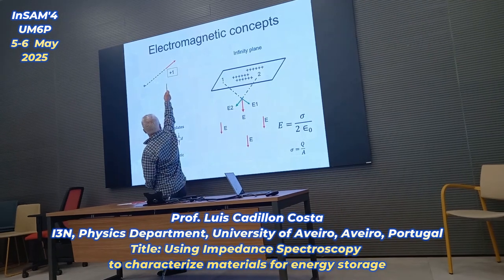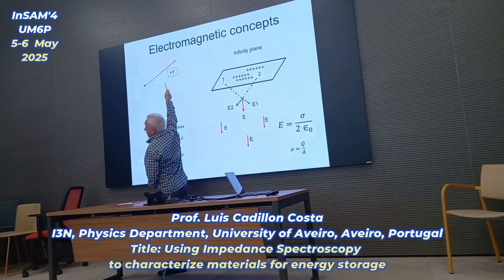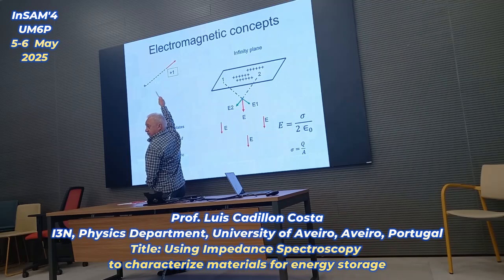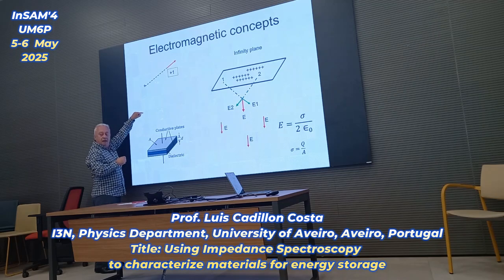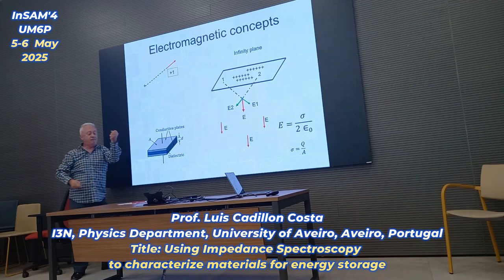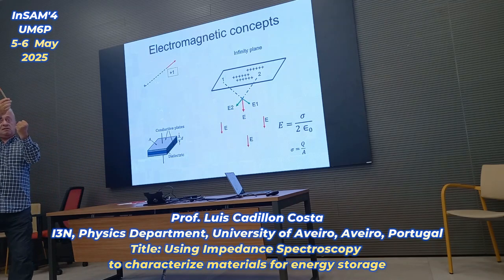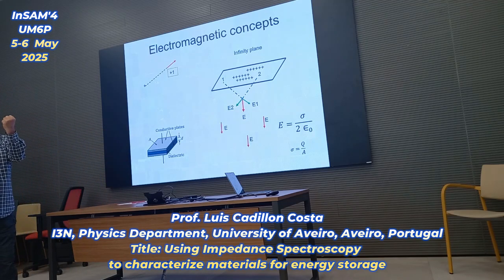If I put plus 1, it is repelled, so the electric field is this vector. If I want to see the electric field here, I put plus 1 here, and the electric field is like that. So if I have a charge, the electric field is always like that. This is very simple.